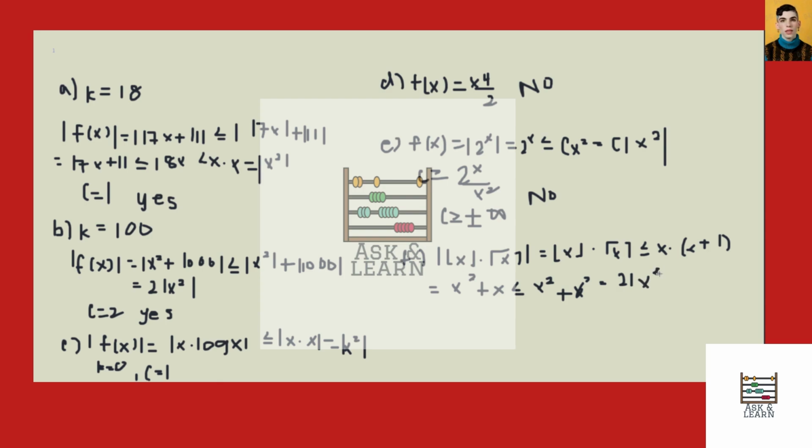So we need to choose a value of c to be at least 2. So c is 2, and by the definition of big O notation, k is 1 and c is 2.